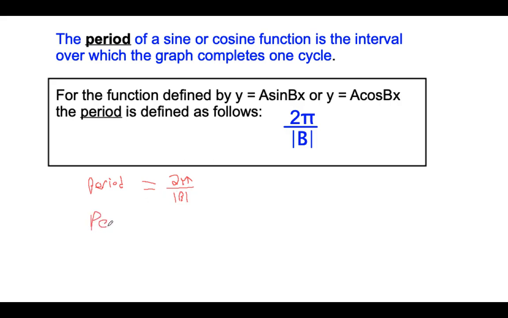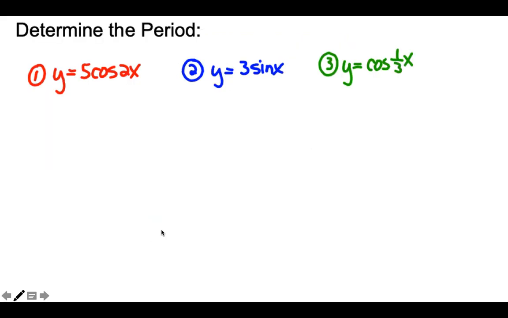The period does not equal b. Okay, b is not our period. It's used to find our period. So your period is 2 pi divided by b. Okay. So let's determine the period and let's determine the amplitude. So first off, you have 5 times cosine. Now the number on the outside tells us the amplitude.